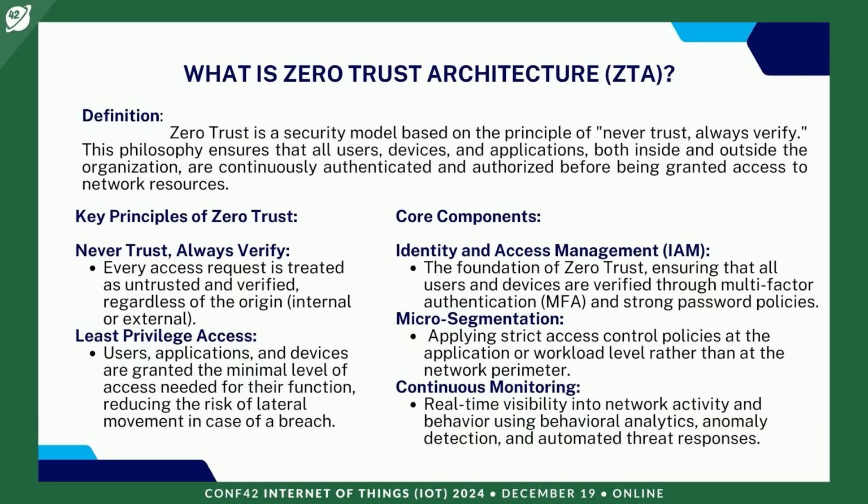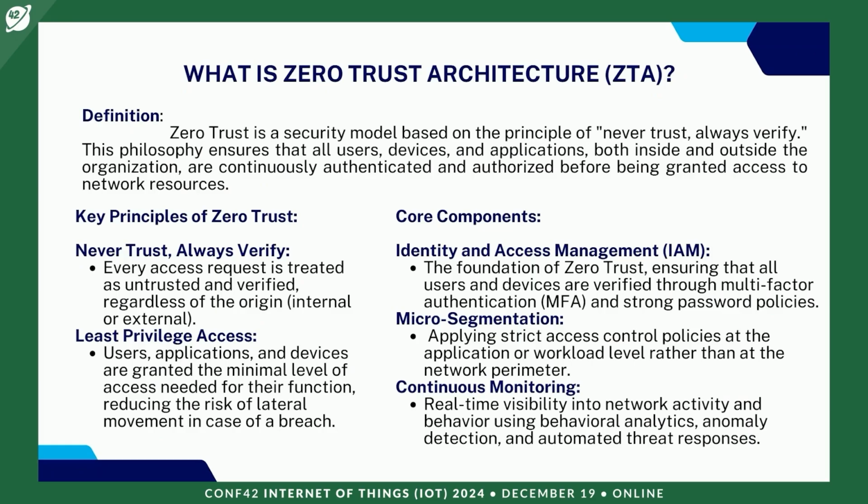Now let's take a look at the ZTA, Zero Trust Architecture. Zero Trust is a security model based on the principle of never trust and always verify. What that means is, once you identify a corporate asset or a user or even a thing like an IoT thing, that identity does not remain valid for a very long time.